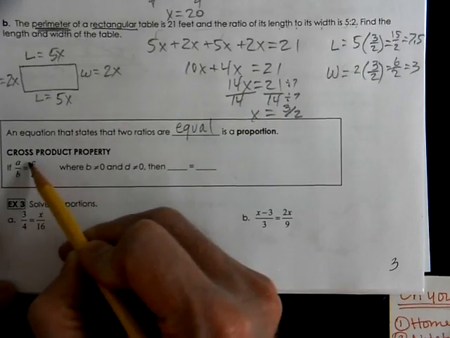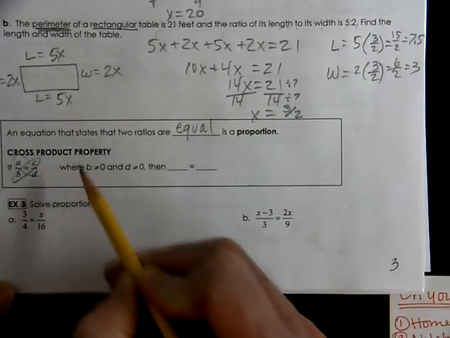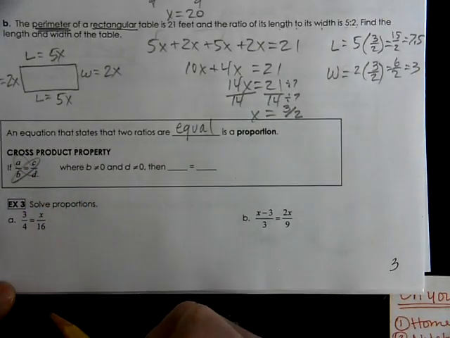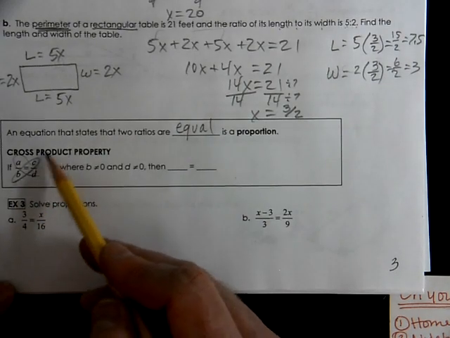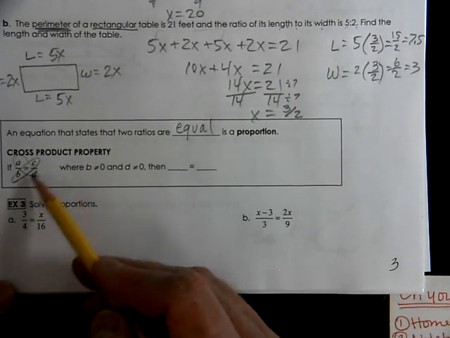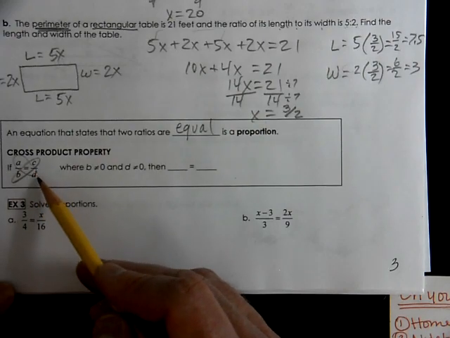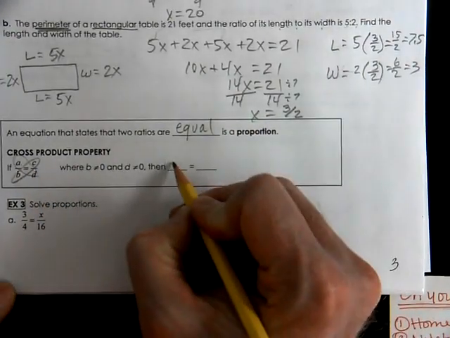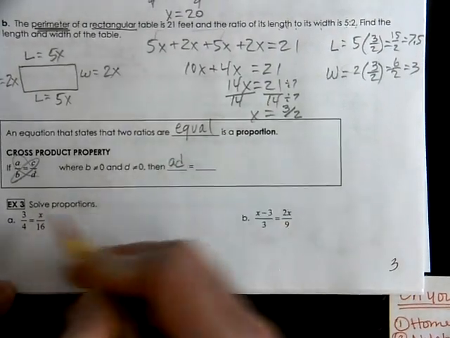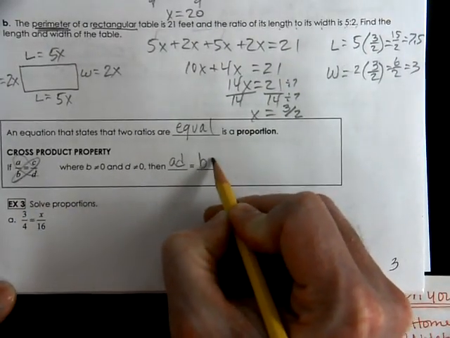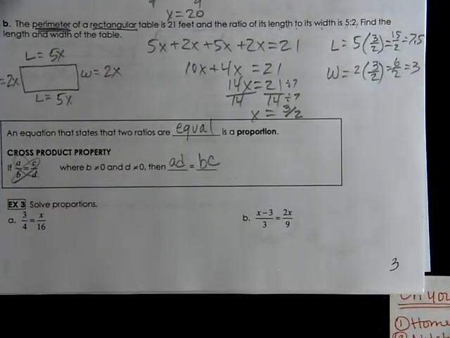To solve a proportion, we can cross multiply, and I would suggest for you to physically circle the diagonals. That tells you that the A and the D are multiplying each other. So A times D and B times C, those are also going to be equal quantities.